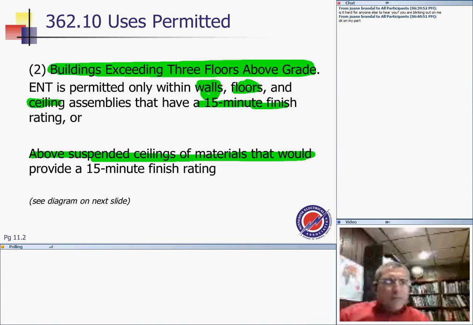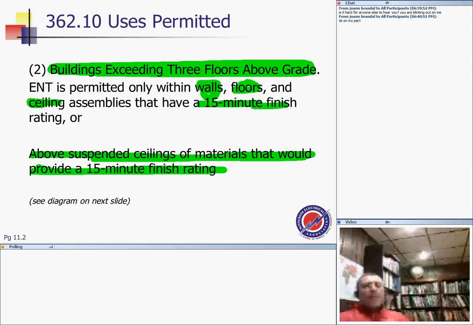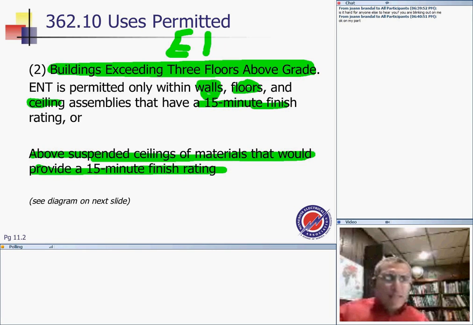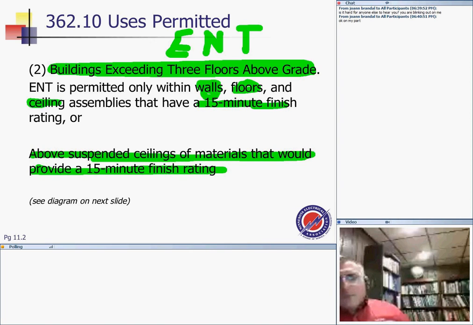So if you go higher than three floors, they want you to put it behind a rated barrier, either concealed or exposed, but exposed ones have to be behind removable panels. That's the 15-minute finish rating. How many of you have installed ENT in buildings higher than three stories?